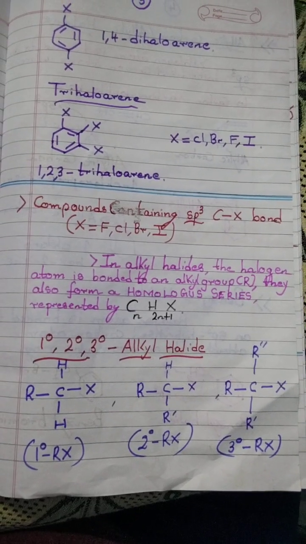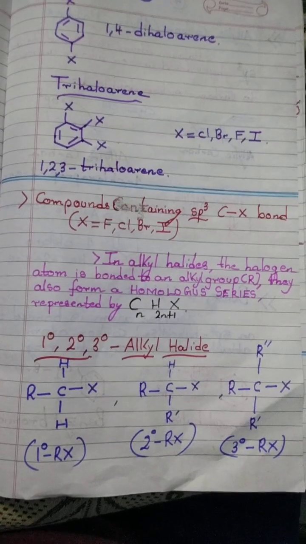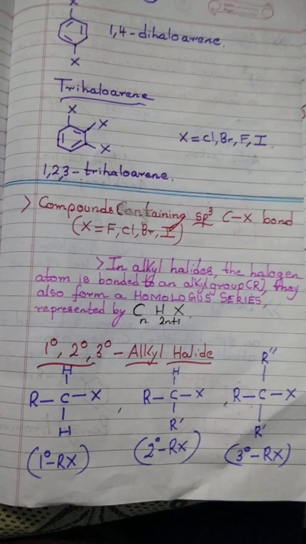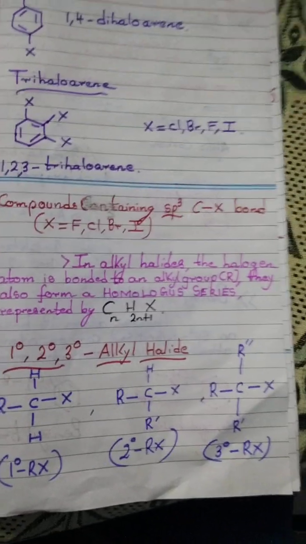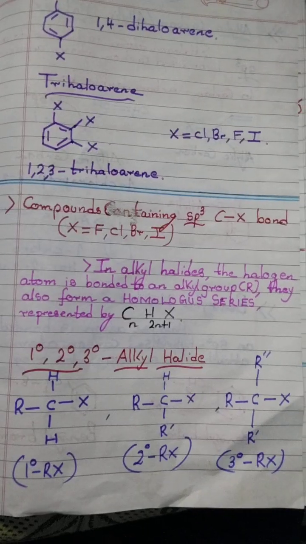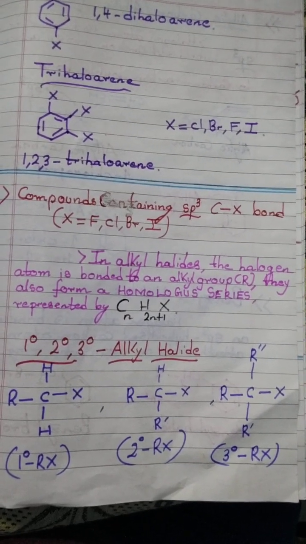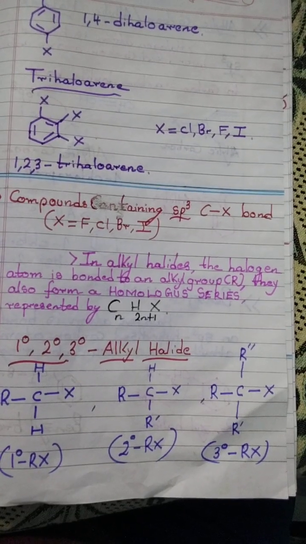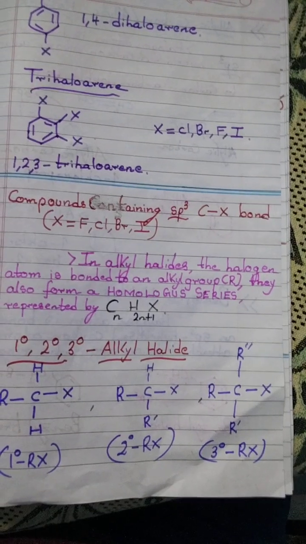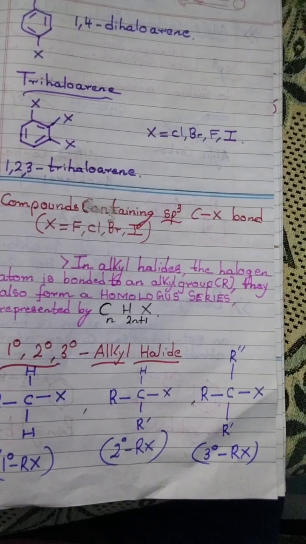We can memorize this easily. If the halogen atom is bonded to a carbon having two hydrogen atoms, it is referred to as primary alkyl halide. That is, it will have only one alkyl group. On the other hand, the second scenario, if the halogen atom is bonded to a carbon having only one hydrogen with two alkyl groups also attached to that carbon, it is referred to as secondary.